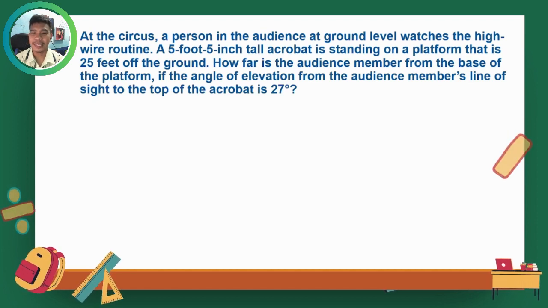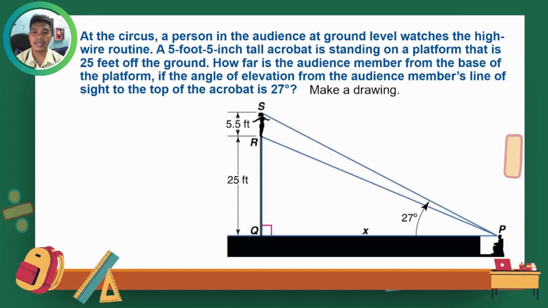To help you, this is an example of an illustration for this particular problem. As you can see, we have the 27 degrees as our angle of elevation above the baseline, which is PQ.